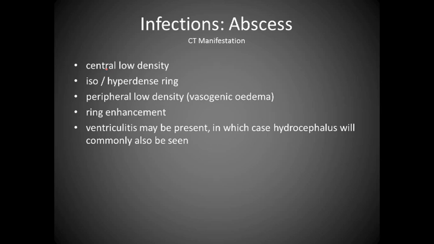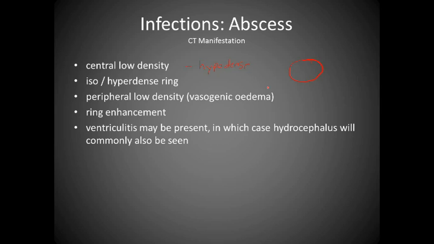So what it looks like on CT is a central low density. So it's going to be hypodense. Additionally, could represent an iso or hyperdense ring. So it could be a small ring which is hypodense inside, but just a ring that looks hyperdense or same density as everything else.